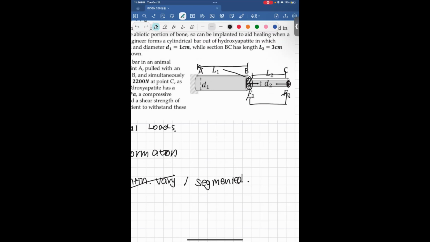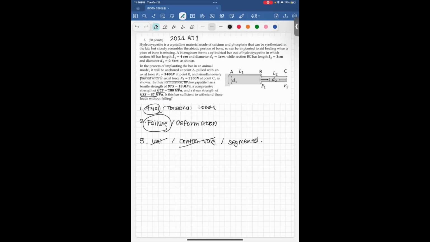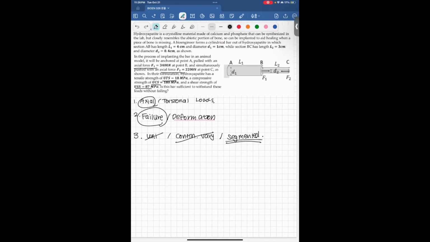It's not dependent on the x-axis. So it leaves us with segmented, meaning that there will be a load between the two ends of the object, which we can see as F1 and F2, and we will have different free body diagrams depending on where we cut the object.